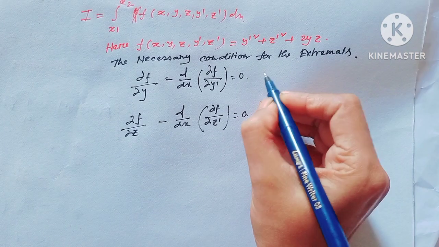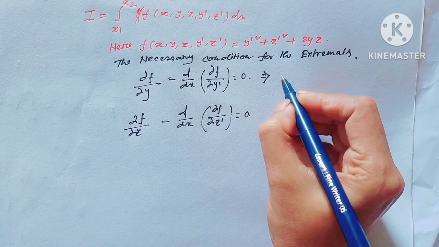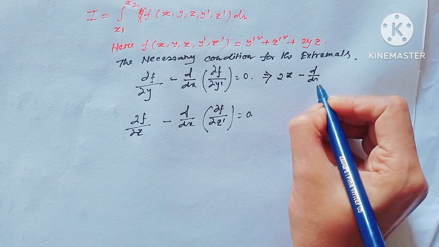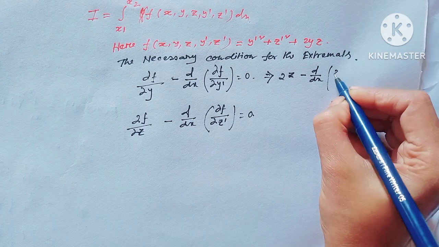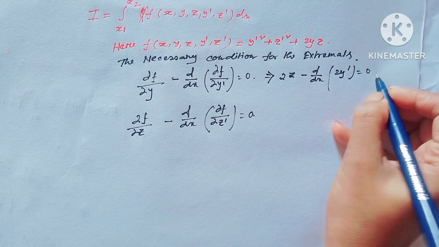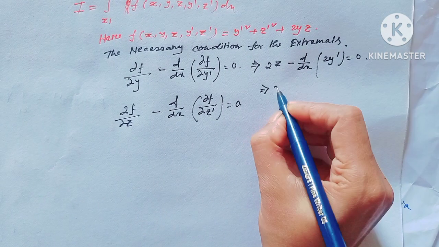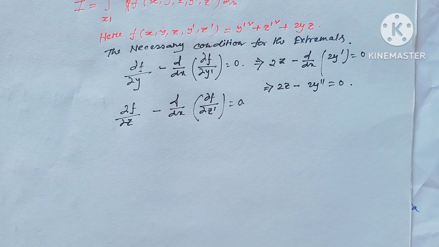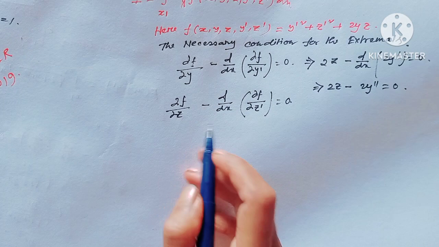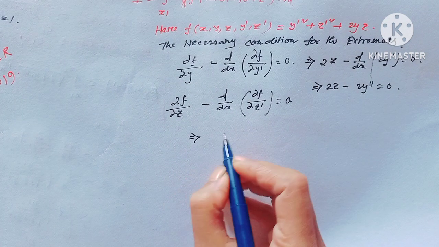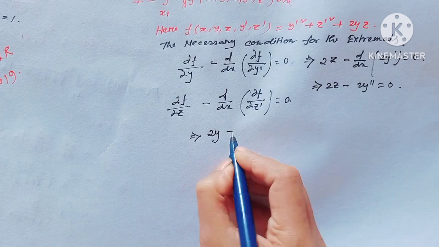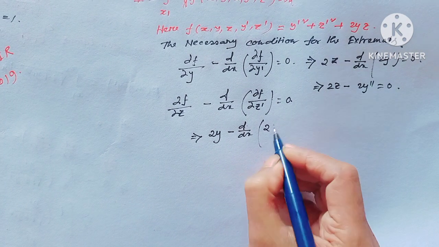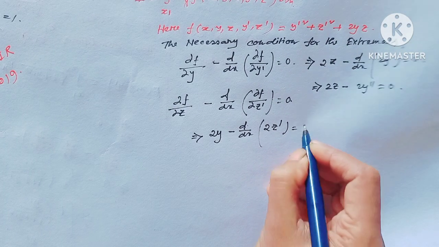And del f by del y here is 2z, minus d/dx of del f by del y dash, which is 2y dash, equal to 0. That implies 2z minus 2y double dash equal to 0. And del f by del z is 2y, minus d/dx of del f by del z dash, which is 2z dash, equal to 0.